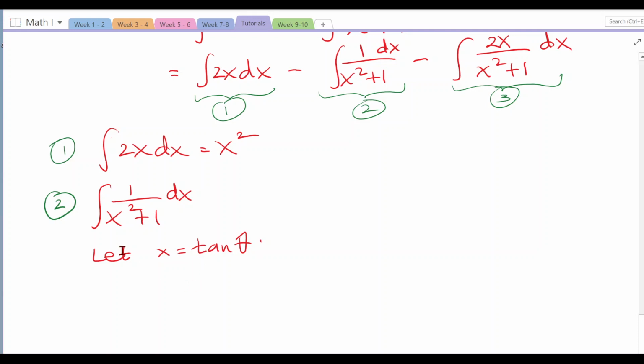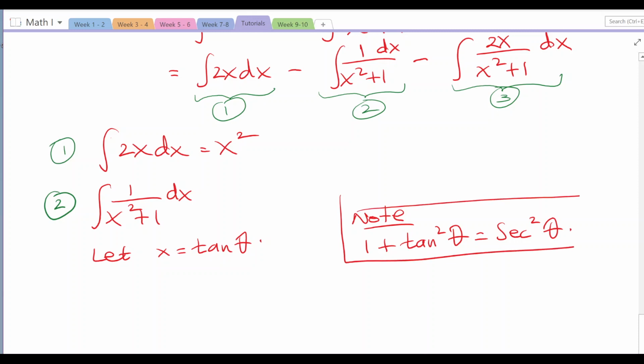That's the reason. Just because we have x squared plus 1, we substitute with x equals tan theta, because of the information that 1 plus tan squared theta equals secant squared theta. That's the information that we know. Moving on.